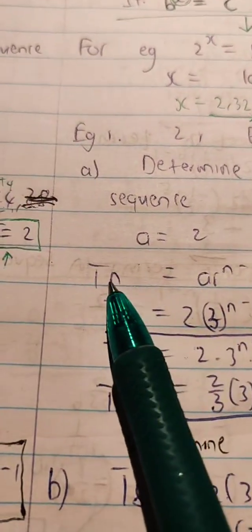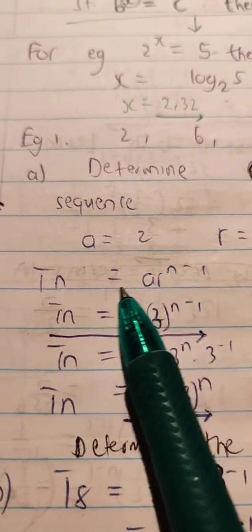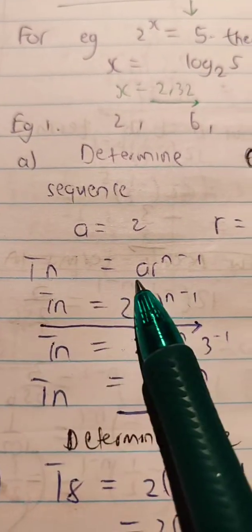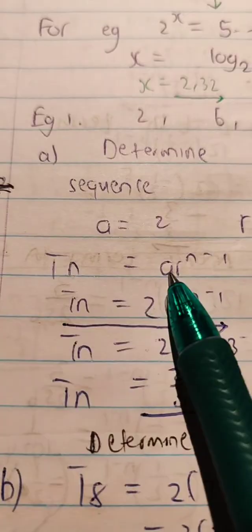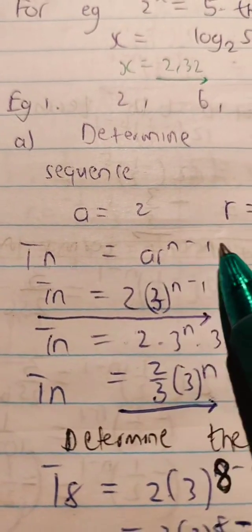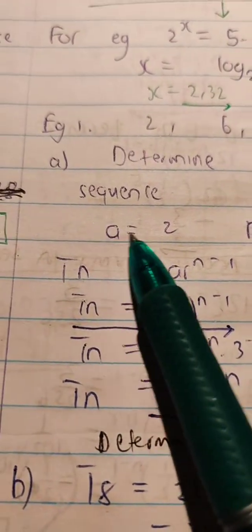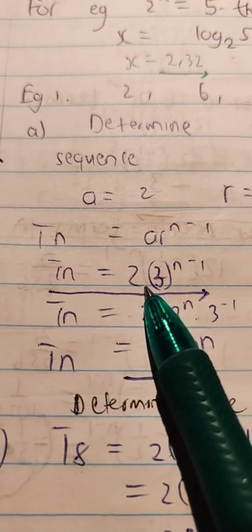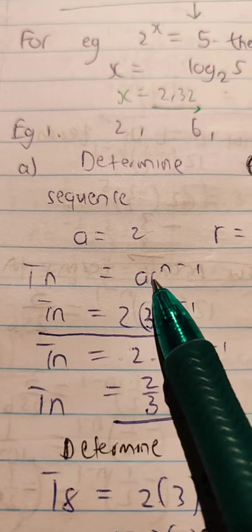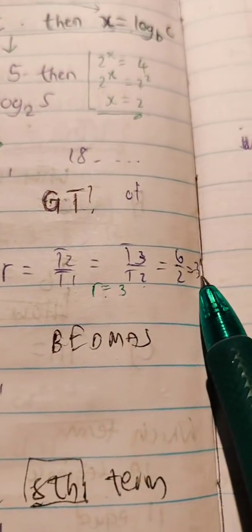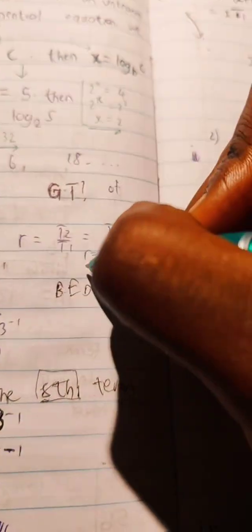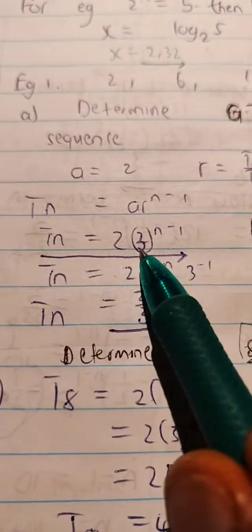Then we now want to find the general term. So we go and write our general term for a geometric sequence. Tn is equal to A R to the power n minus 1. Then we substitute. In the place of A, we write 2. There it is, 2. In the place of R in brackets, we are going to write 3 because we established that R is equal to 3.